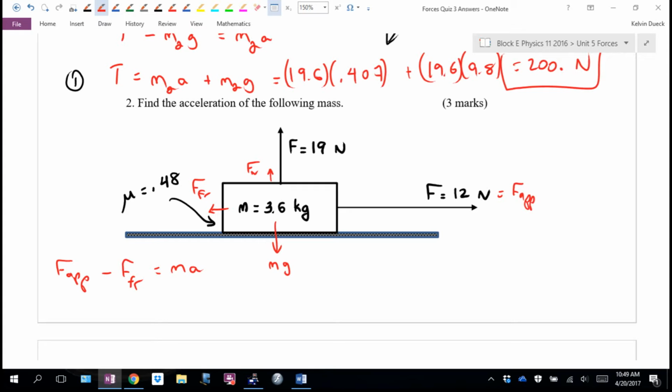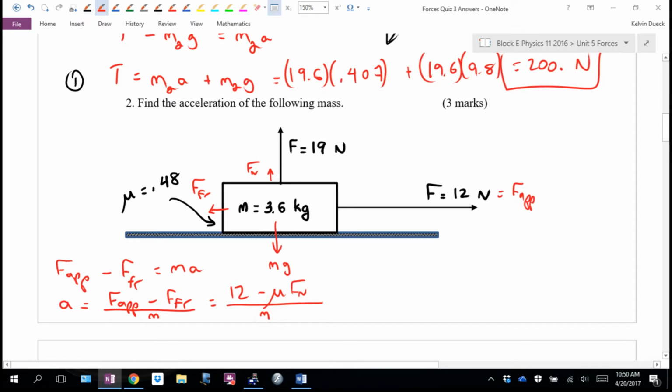So I think I'm going to get this. A equals F applied minus friction, which is why I think I didn't leave you much room, divided by M. All right. Well, the applied force is 12. Friction is mu times the normal force, divided by M. Do I know mu? 0.48.